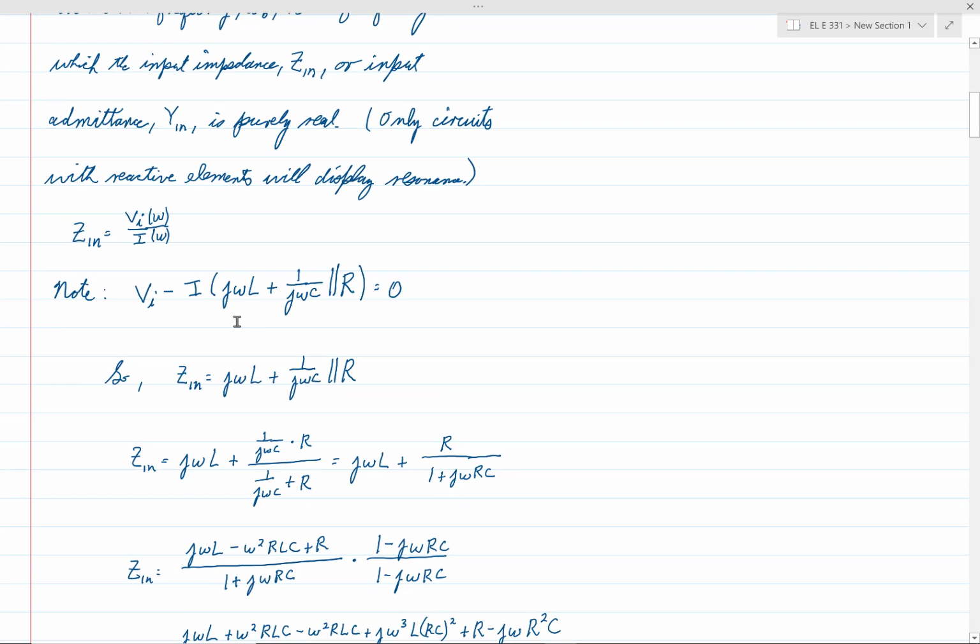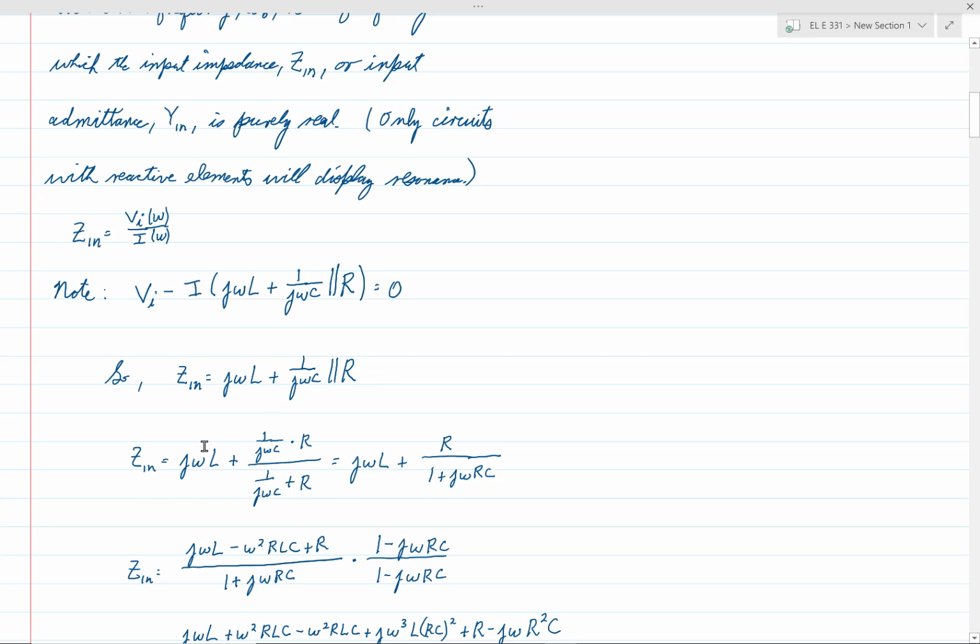So already then, if we solve for Vi over I, we see that this term here in parentheses is Zin. So we already have an expression for Zin. And remember, what we're wanting to do here is to find the resonant frequency, which is the frequency at which Zin is purely real.